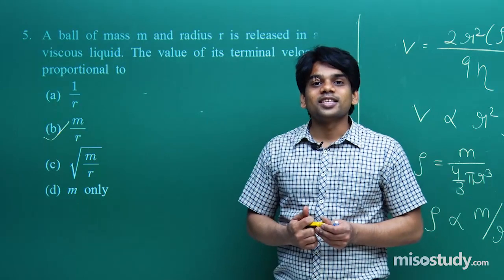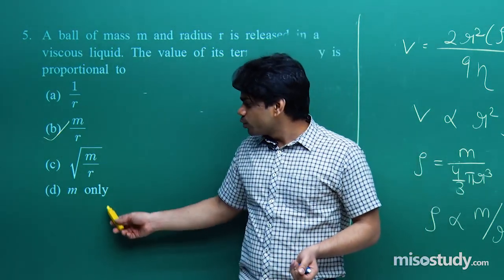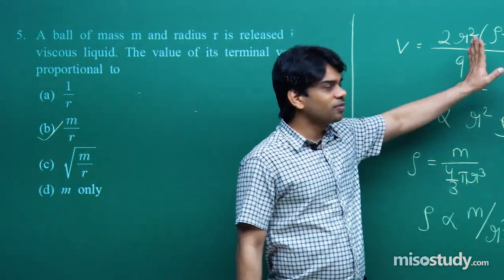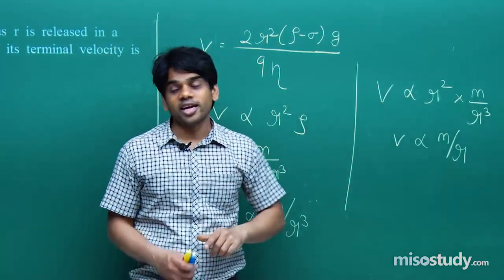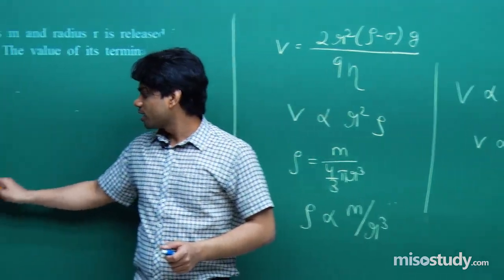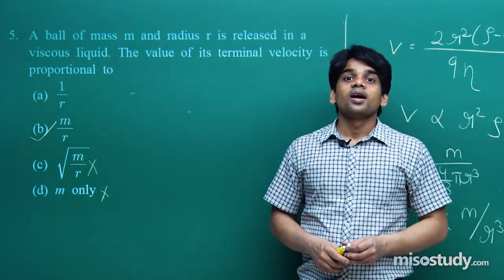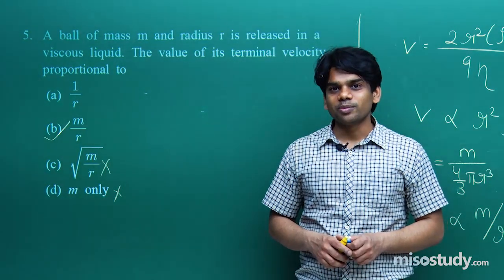If you are not proceeding in this way, you may be confused about which option to choose. You can also mark only m, because you must be thinking that m will come here since rho is somewhere proportional to m, but this is also incorrect. The only option is m by r. I hope that you have understood what kind of questions come in this chapter.